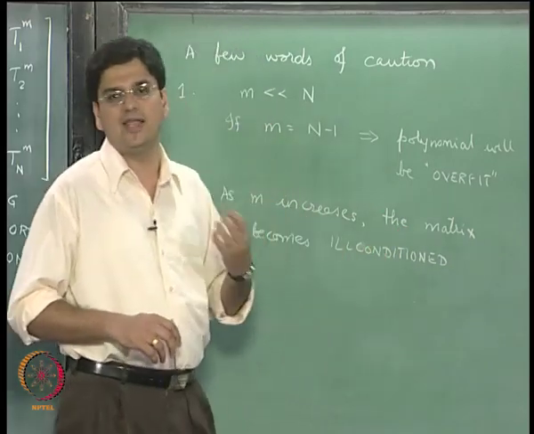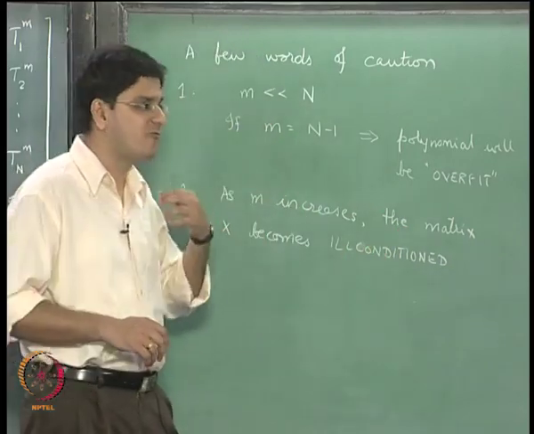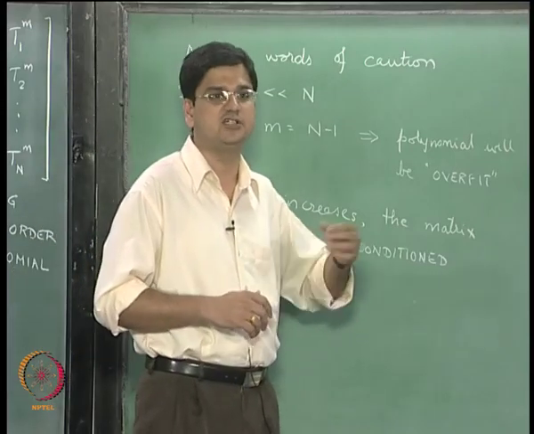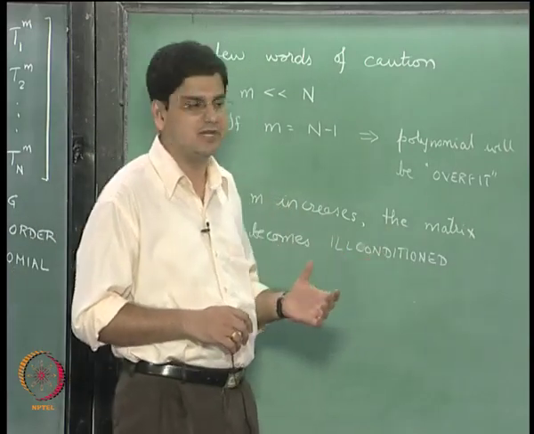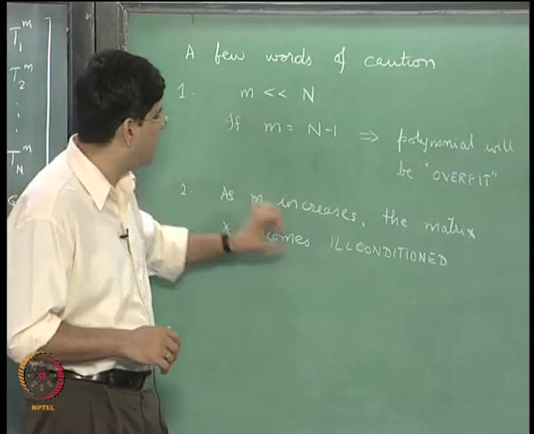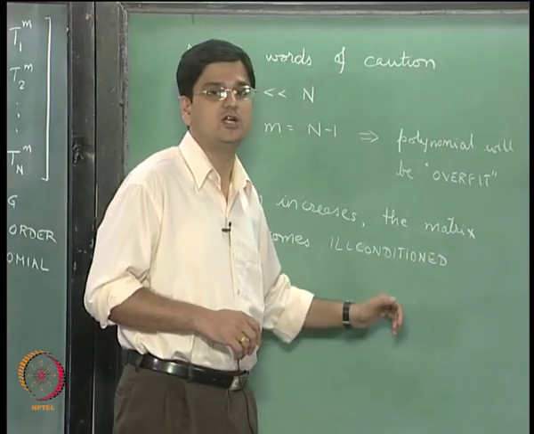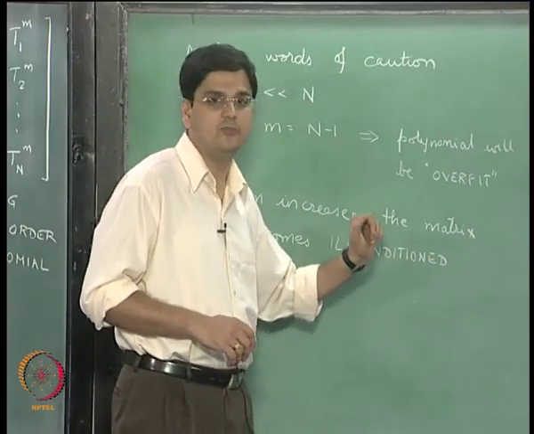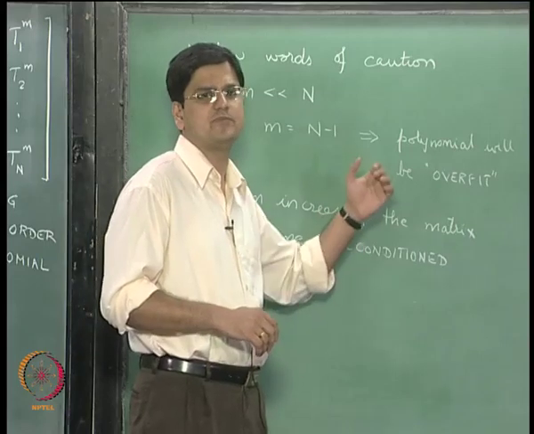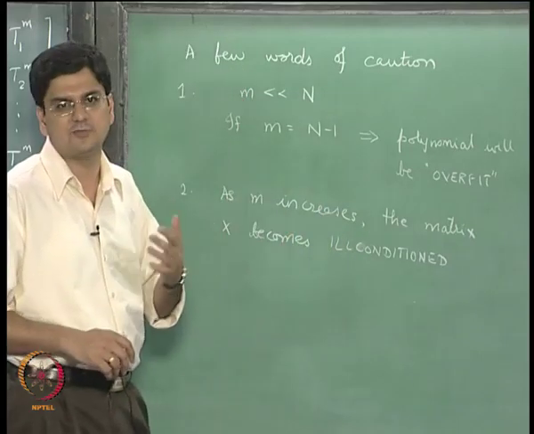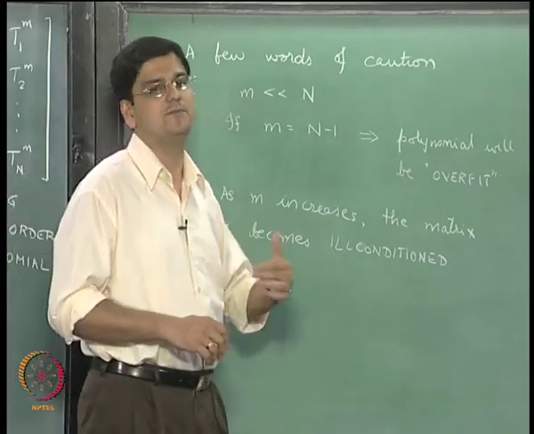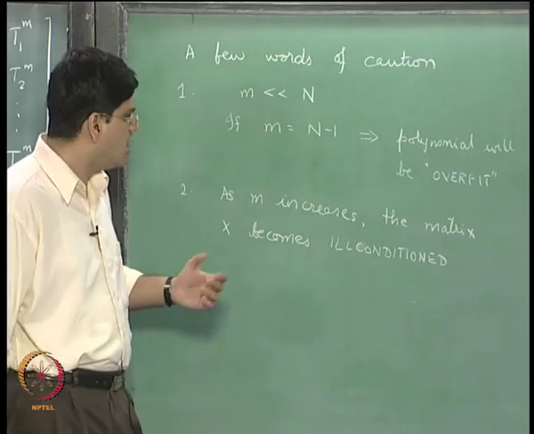As a result, small errors in those eigenvalues appear as very large errors when you try to invert the matrix. Because of this, when we try to invert a particular matrix, we have to ensure that the largest eigenvalue divided by the smallest eigenvalue should not be a very large number.